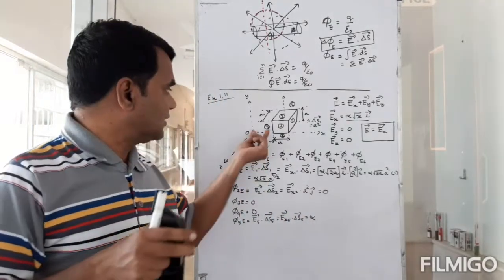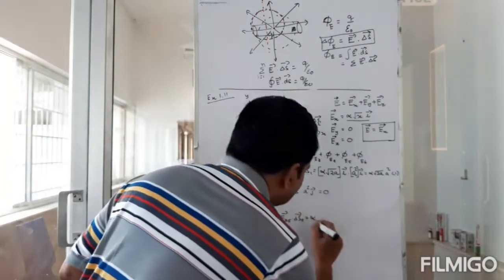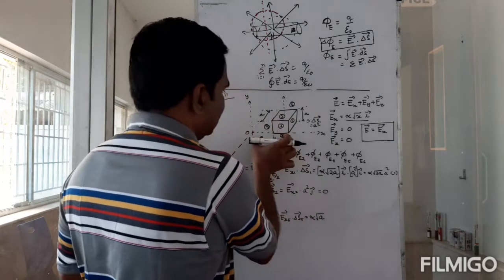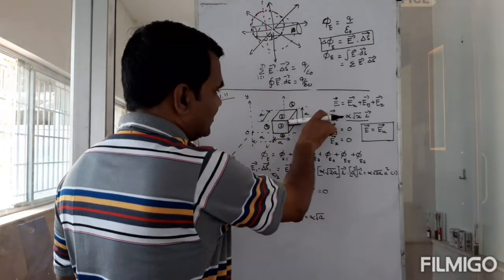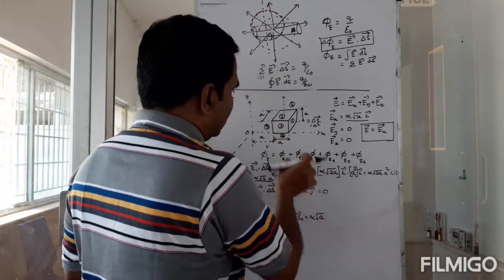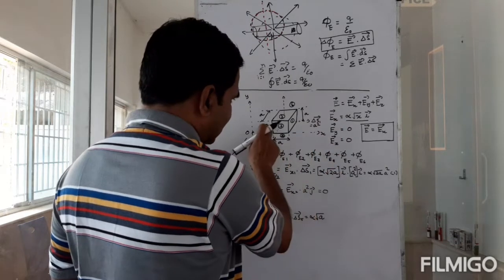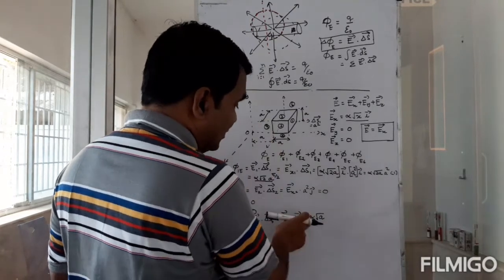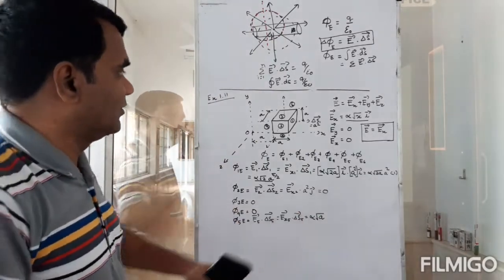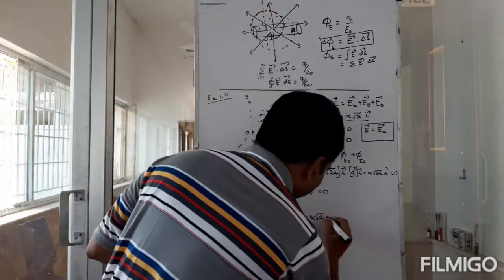What's the x value? X value is A only, so that is the value of E at this position. So it's going to be root A, not root 2A. Here, I'm sorry, this surface had a root 2A component, but this surface, at this position, will have only a root A part to it. So alpha root A, and it's in the I direction.